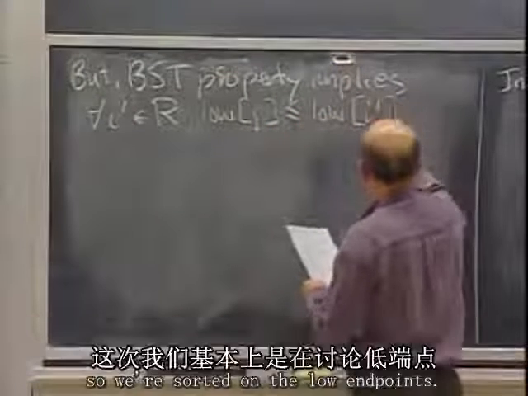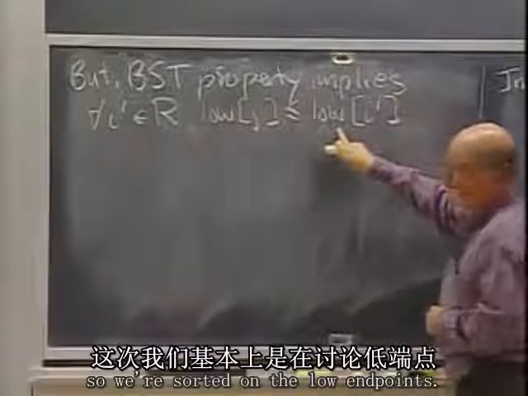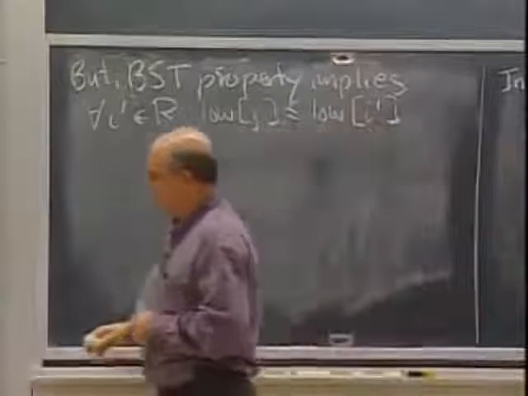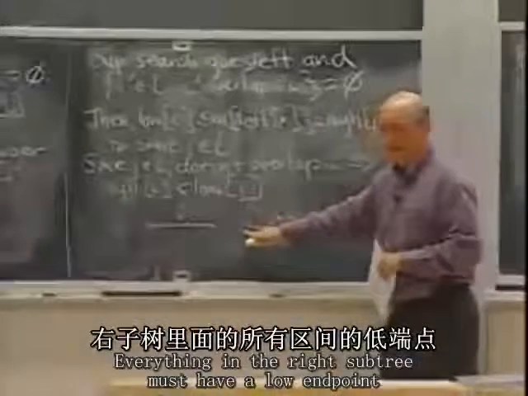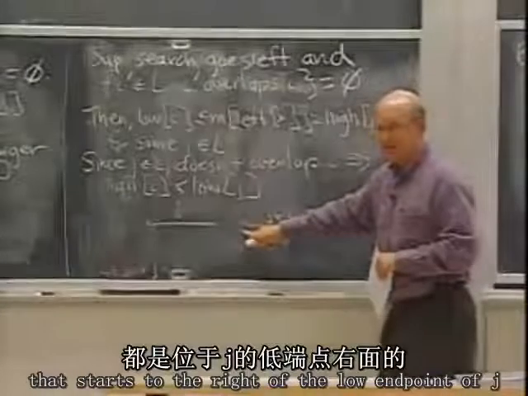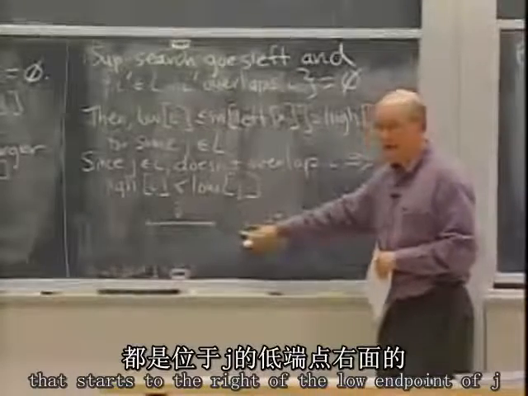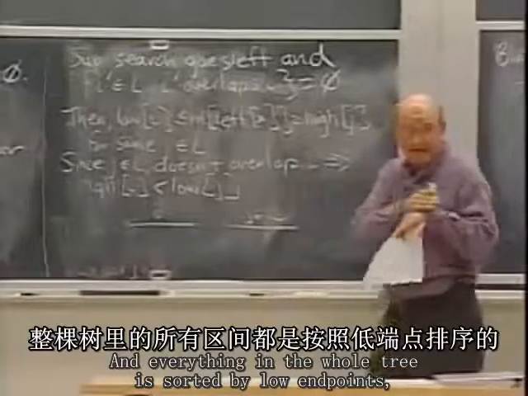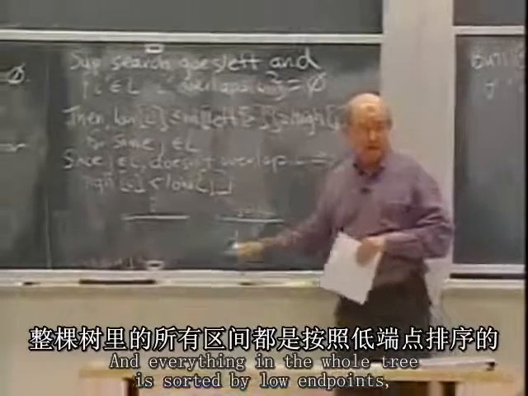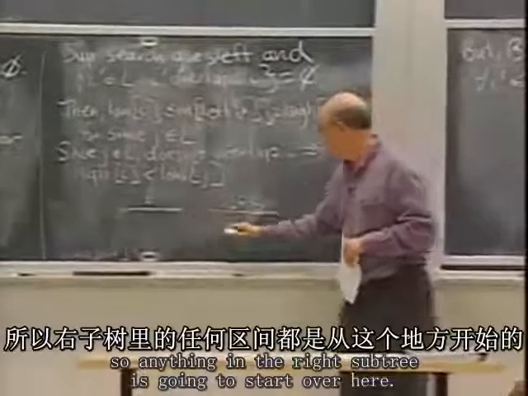So we're sorted on the low endpoints. Everything in the right subtree must have a low endpoint that starts to the right of the low endpoint of j, because j is in the left subtree. And everything in the whole tree is sorted by low endpoint. So anything in the right subtree is going to start over here.